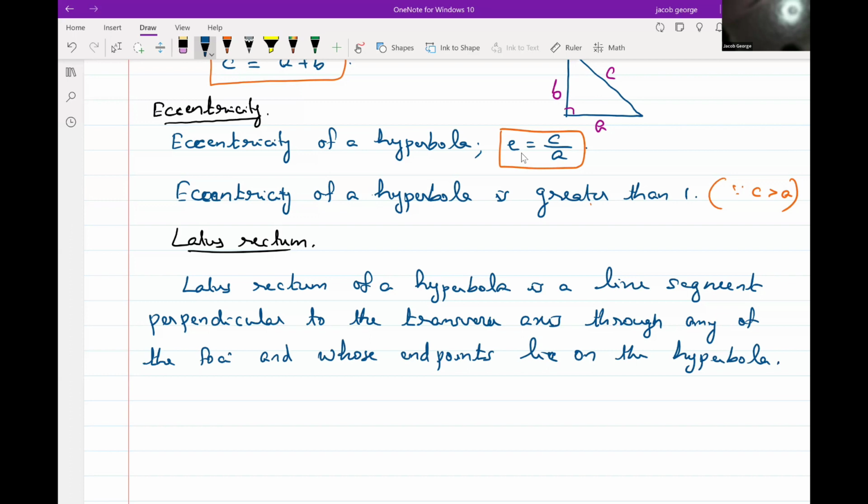So latus rectum of a hyperbola is a line segment which is perpendicular to the transverse axis through any of the foci and whose endpoints lie on the hyperbola.